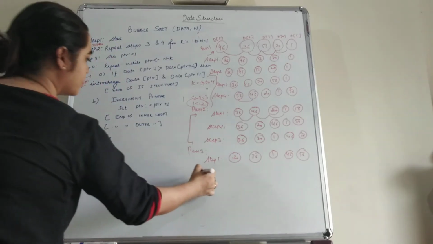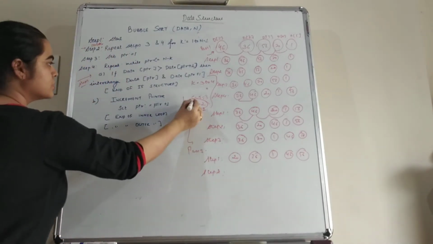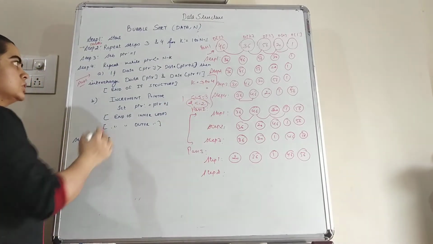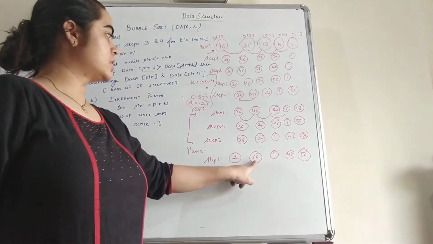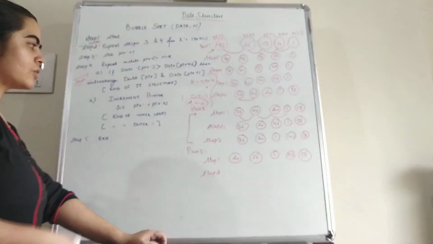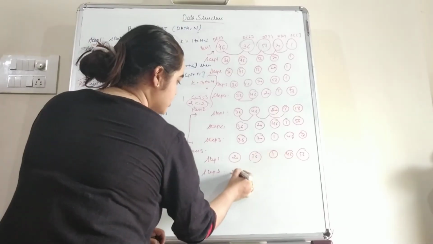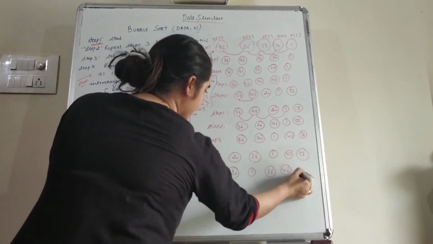After this step number 2, we can increment the value of pointer by 1, so pointer is 2. So 2 is less than equal to 2. Yes. So again data of 2 is greater than data of 3. Data of 2 is 36 and data of 3 is 46. So we check the comparison again, and the values are kept in order: 21, 36, 46 and 56.